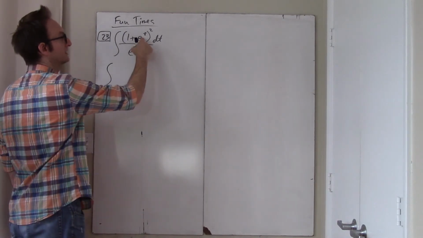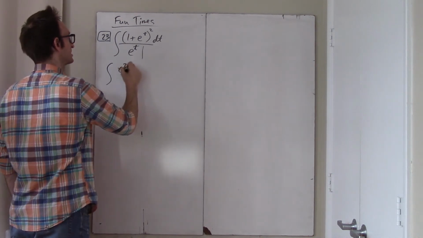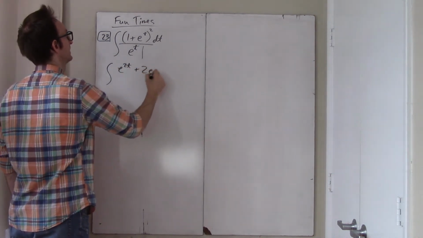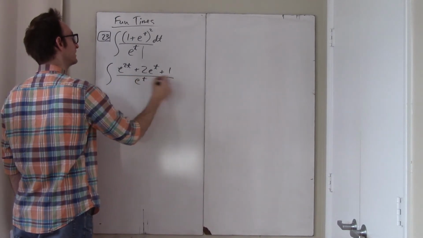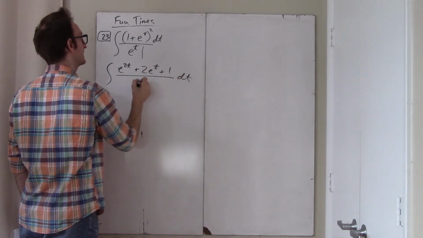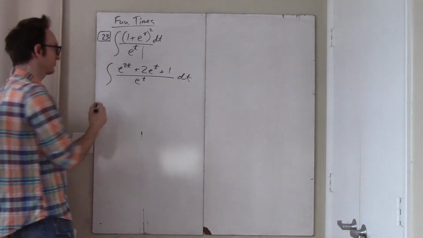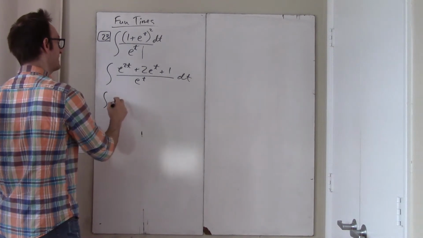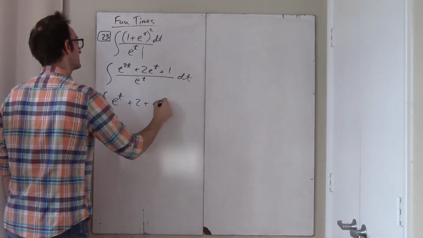You get e to the t times e to the t, which is e to the 2t, plus 2e to the t, plus 1, over e to the t. Because e to the t is a single term, I can easily perform this division, and that gives me e to the t plus 2 plus e to the negative t.